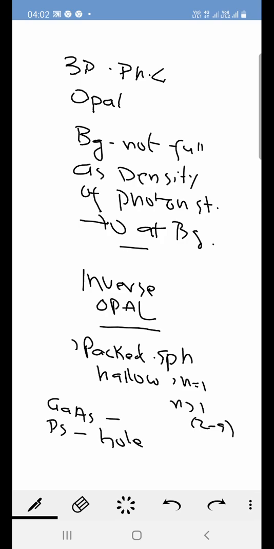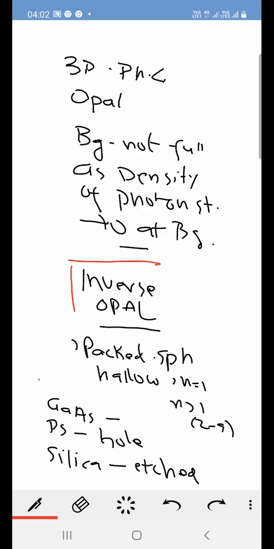This way it can be done. And if silica spheres are used, they can be etched to produce the inverse opal structure.